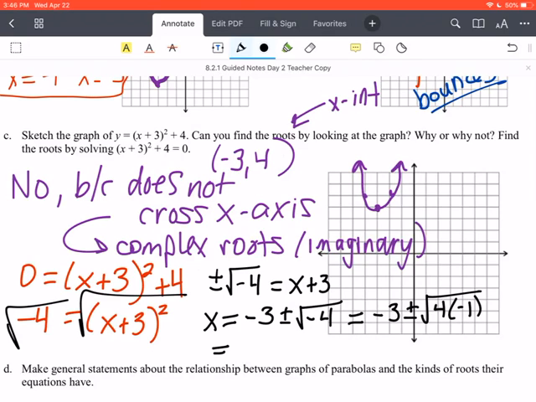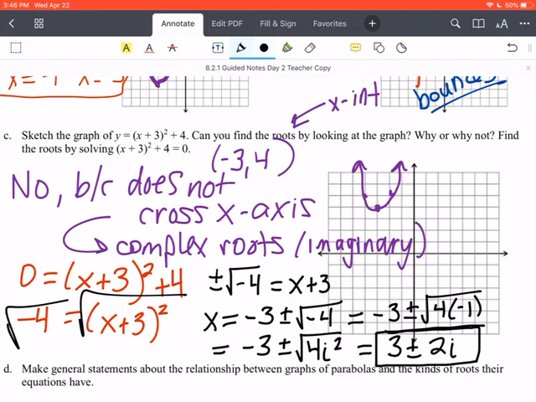What is -1? It is equivalent to i squared. So we have plus or minus the square root of 4i squared. And then what is the square root of 4? It is 2. And then what is the square root of i squared? It's i. So these are the complex roots of the original function.